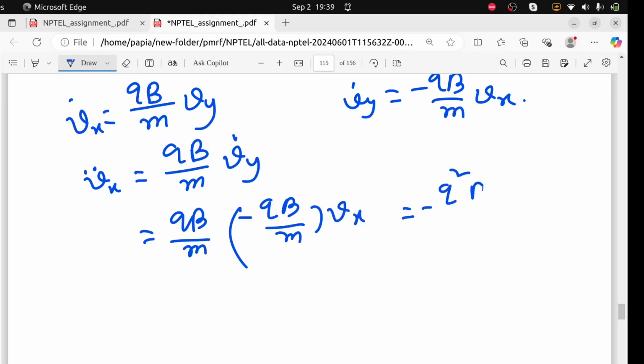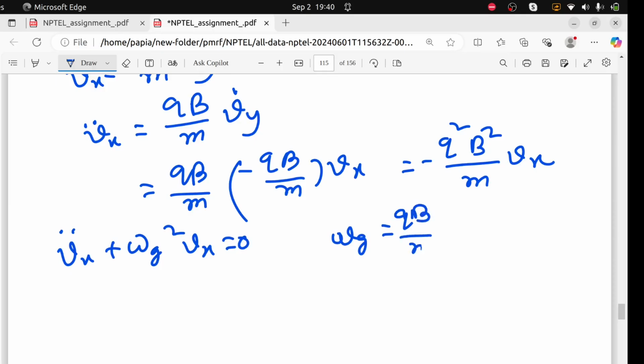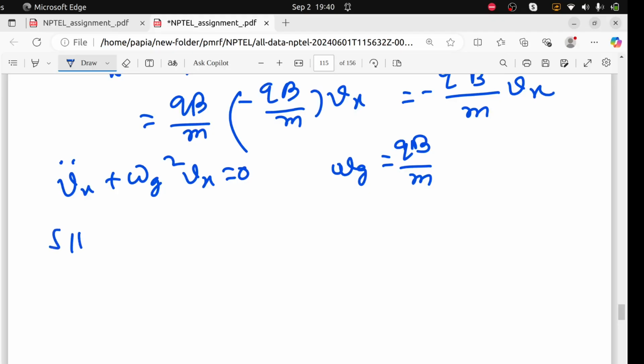So minus q square B square by m square Vx. So it is nothing but Vx double dot plus omega z square Vx equals 0, where omega z is qB by m. So this is an equation for a simple harmonic oscillator in Vx.